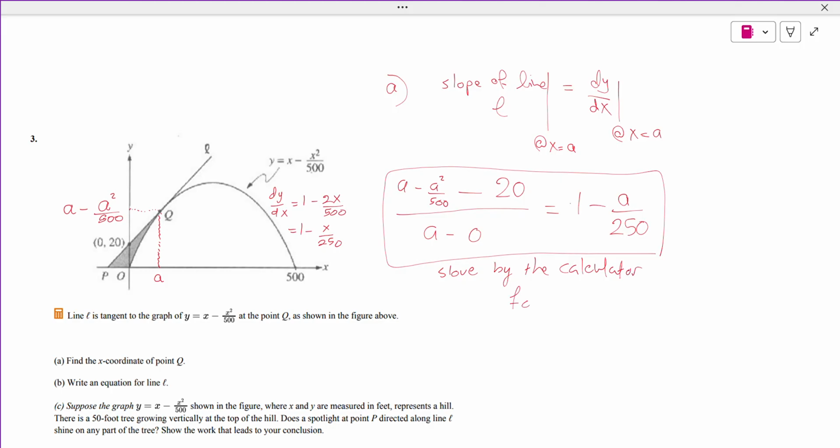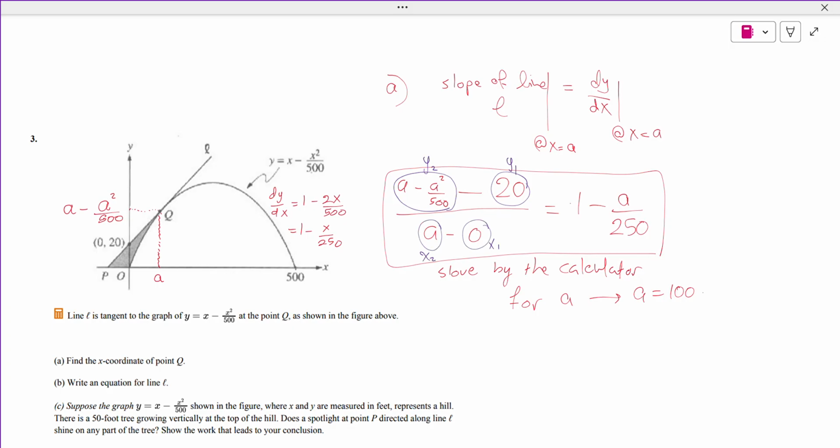For A, you will get A equals 100. So the slope of line L will be the same as the derivative of the function at x equals A. Here, it's just y2 minus y1, this is y2, this is y1, this is x2, and this is x1.